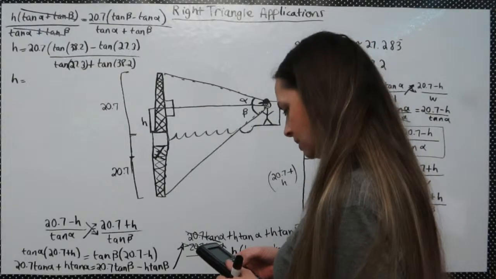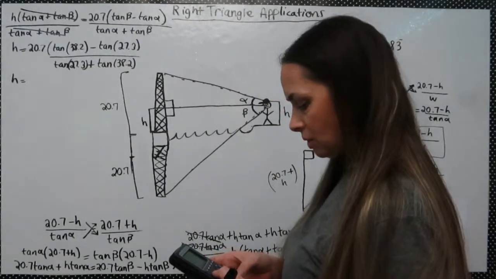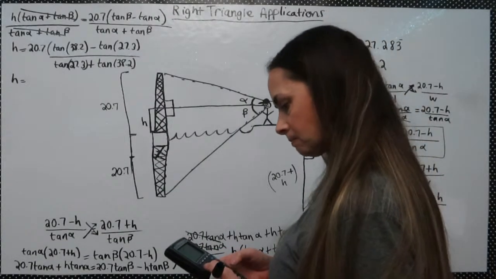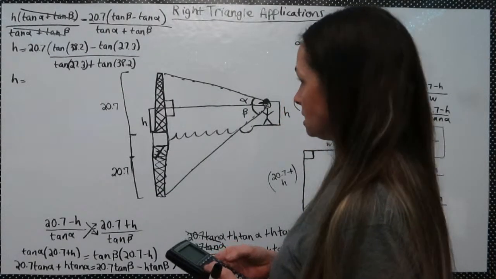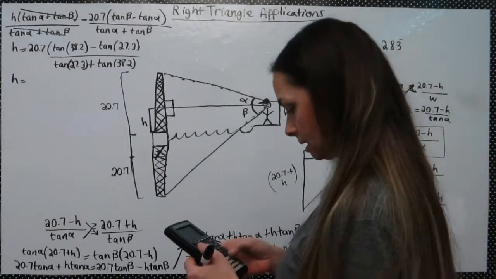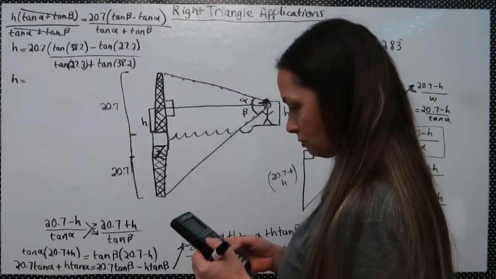I forgot to put my second parenthesis in there. So before tan, after the division, you want to go ahead and put a parentheses because it's a syntax issue. So plus tan of 38.2. All right.